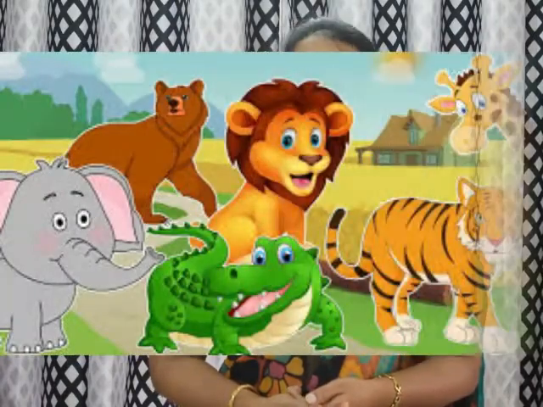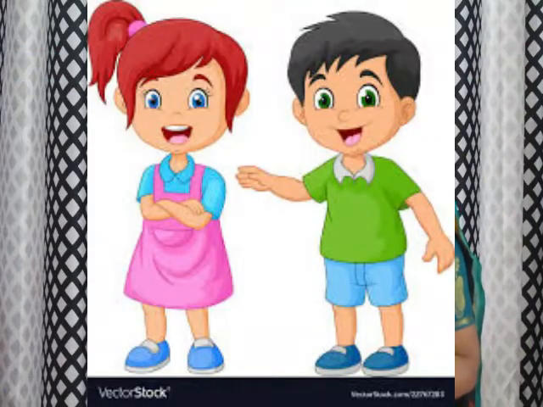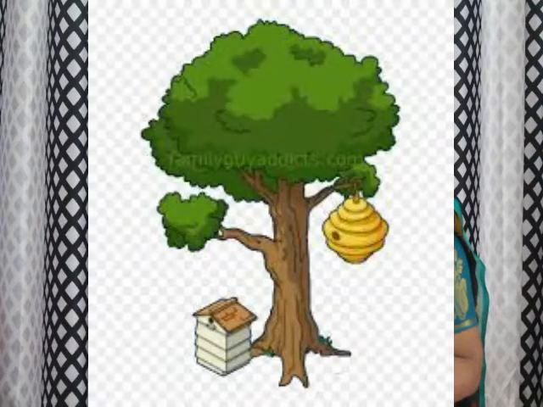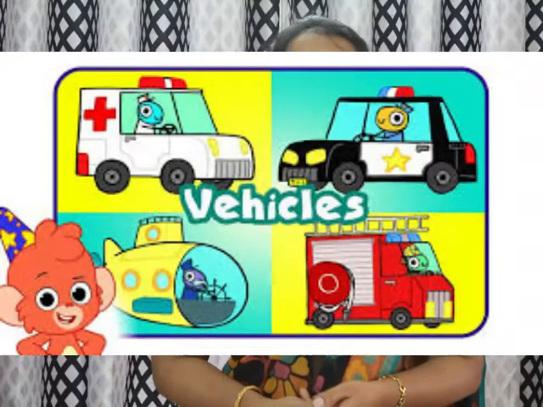Do you know something? There are few other things also which you might not be knowing. These are also things like animals, human beings, plants, trees, vehicles, birds, etc. So these are also called things for you.